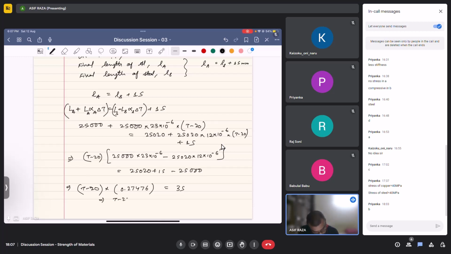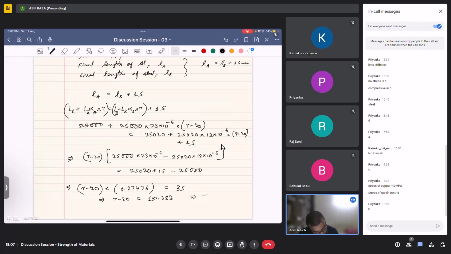T minus 20 equals 35 divided by 0.27476, and plus 20, so T minus 20 is 127.383.